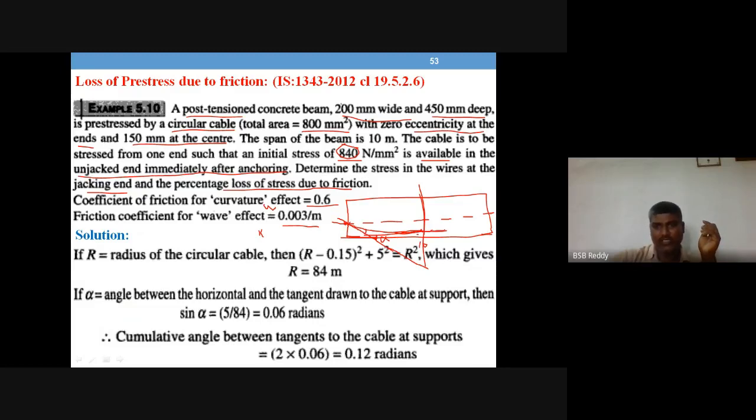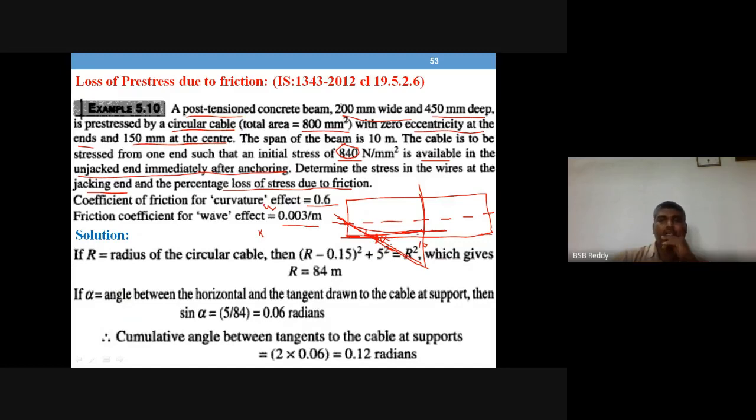If you draw the tangent at the center, it will be a horizontal line, and the tangent at the end is this line. So the angle between these two lines is alpha. So you have to make a note of it.